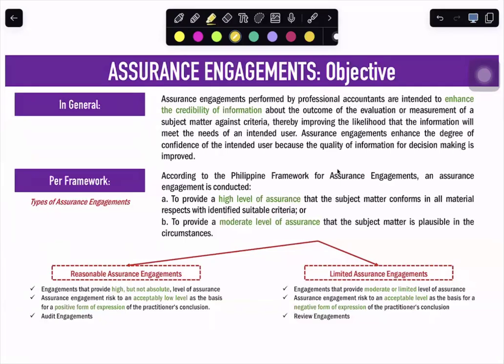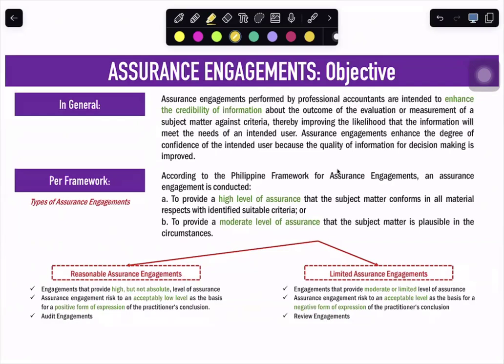Why? Because now the practitioner lends credibility over that subject matter. How? By looking into the degree of correspondence of that particular subject matter over a particular criteria. Now, out of that subject matter and criteria, makaka-derive na siya ng kanyang conclusion. Pero ang question, paano mag-gather si practitioner ng sufficient, appropriate evidence?